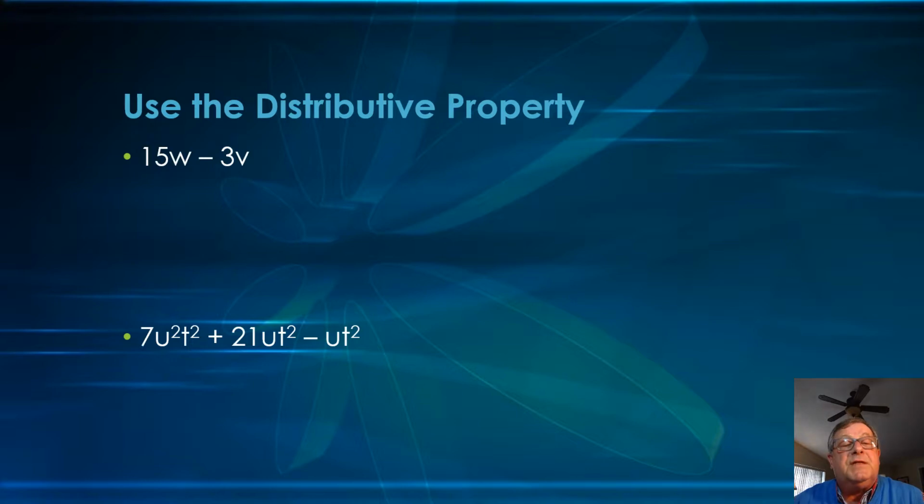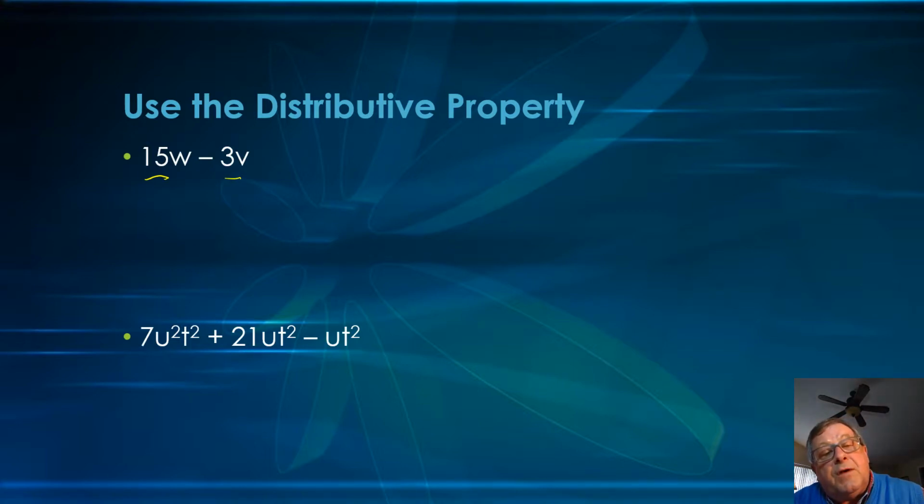Well, let's see, 15. And this is where multiplication tables become so important. 15 could also be expressed as 3 times 5. 3 times 5 equals 15. And I can see that I've got a 3 here. And so we could factor out a 3.